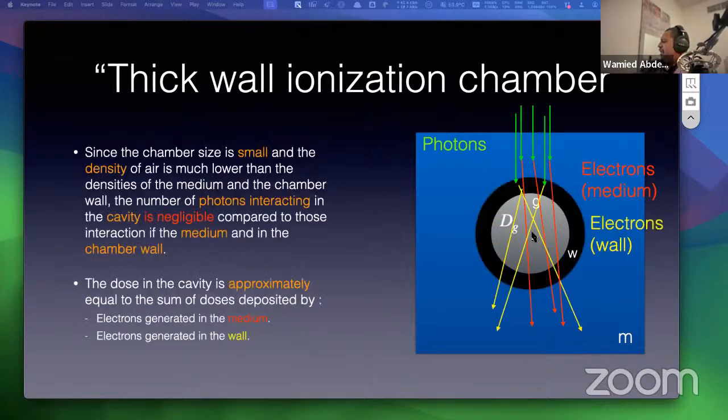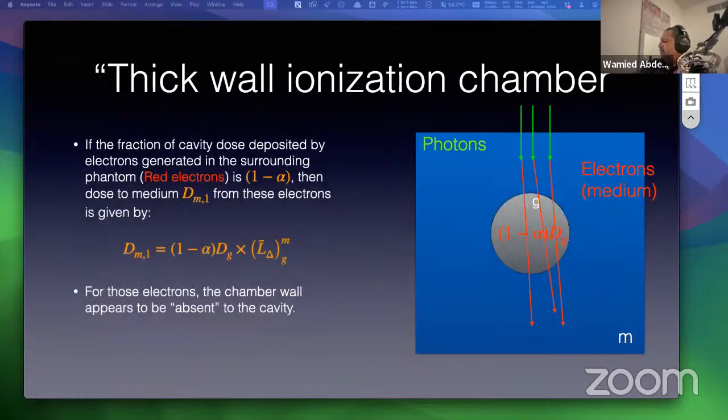Alpha represents the fraction of the dose in the cavity deposited by electrons generated in the wall. So when the wall is thin, alpha is going to equal 0. When alpha is 0, you see we get back our small cavity theory: the dose in the medium equals the dose in the gas multiplied by the ratio of the restricted collision stopping power, medium to gas.